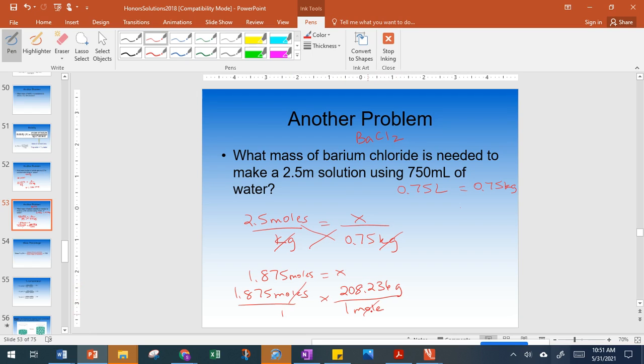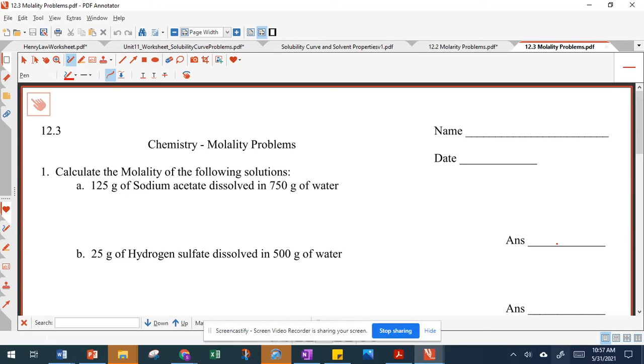The moles cancel out. We multiply that by 1.875, and thinking of sig figs, that gives us 390 grams of BaCl2.